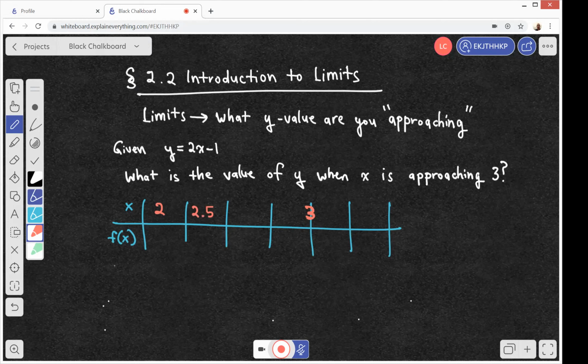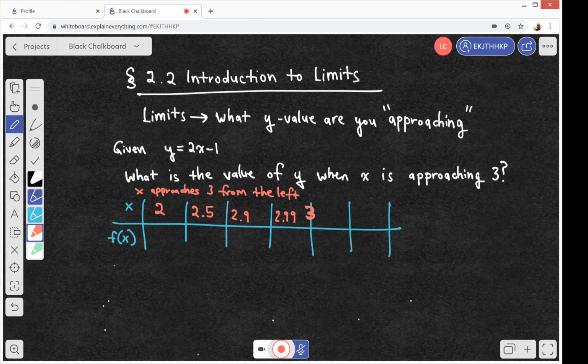And a number closer to 3 could be 2.9, and perhaps 2.99. So we're getting closer to 3 from the left side. So here we could say x approaches 3 from the left.